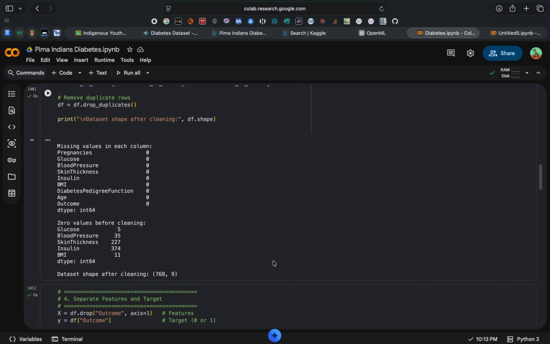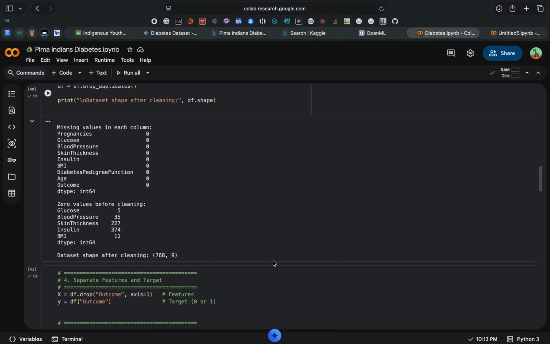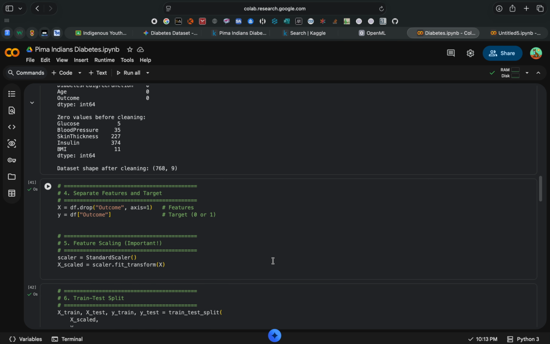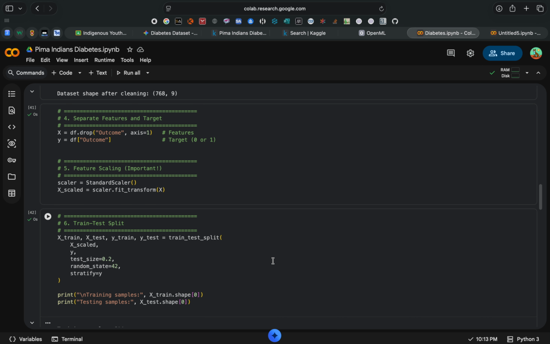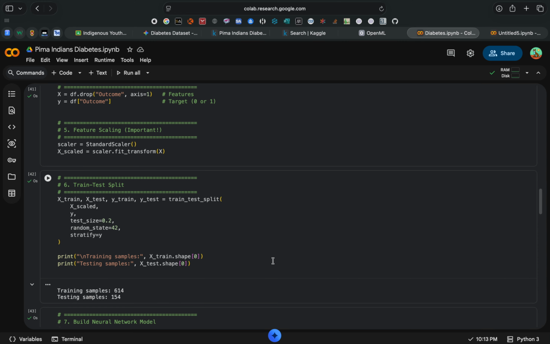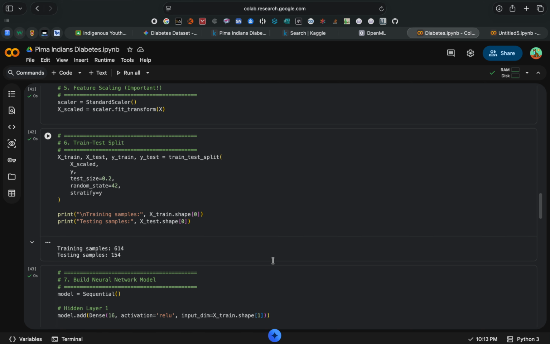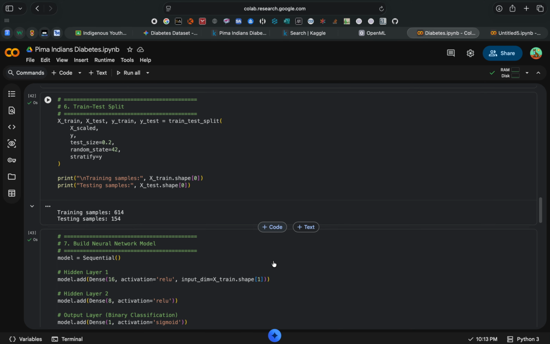After cleaning, I separate the features and the target. Then the feature matrix X contains all columns except outcome, and y contains only the outcome column. Then I use StandardScaler to scale the feature values. Scaling is important for neural networks because the model trains more effectively when the input features are on a similar numerical scale.